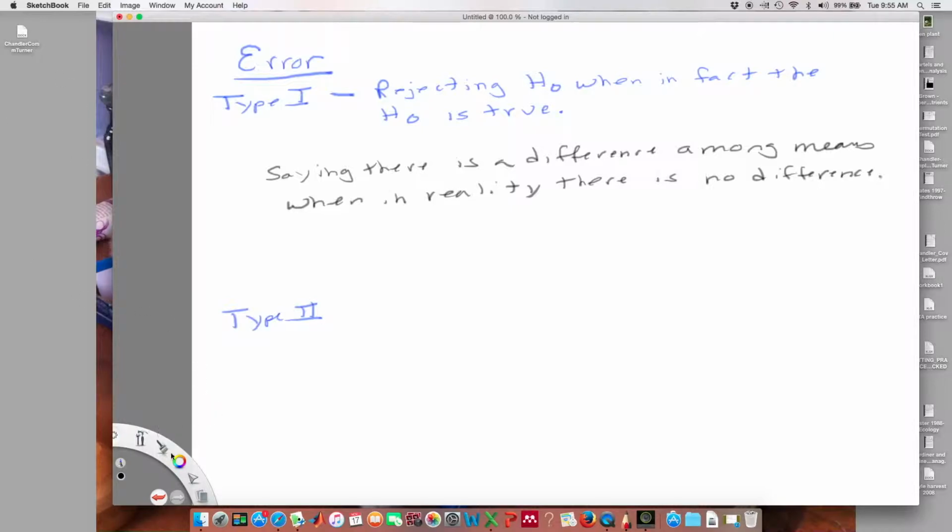So what's type 2 error? Well, type 2 error is kind of the opposite. It's accepting the null hypothesis when in fact the alternative hypothesis is the one that's true.